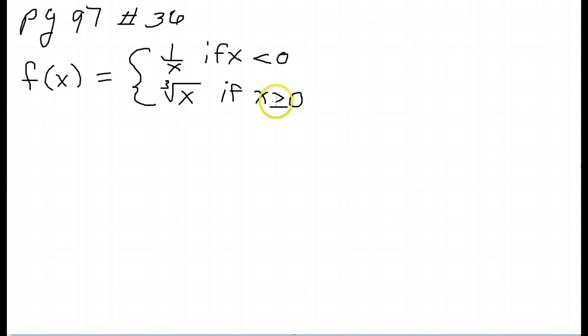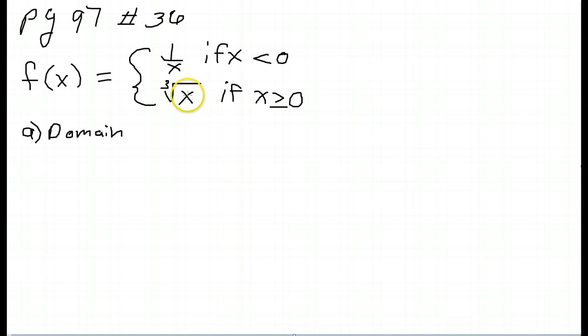Now the first thing we're told to find is the domain. So part A, the domain. Well, for this function, it would be undefined at 0, but since 0 is non-inclusive, we can still say numbers less than 0. 0 is included in the second part of the function, and since 0 is defined here, we have 0, and we also have numbers greater than 0 as well as equal to 0.